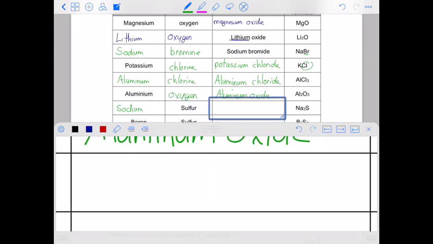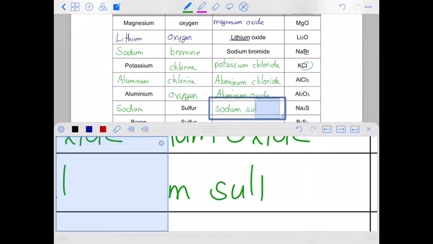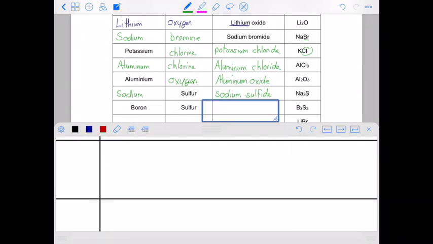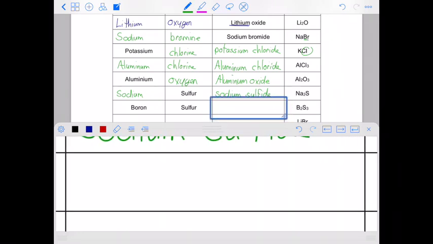So I know I start with sodium. I don't need to change that, but the sulfur, I can't just write sulfur, I know I have to change the ending to "-ide", and so it turns into sulfide. All right, at this point, if you struggled with it before, but now have a better idea, pause the video again, try the rest of it, and then come back. Otherwise, if you have it all done already, then we'll go through the rest of the answers.